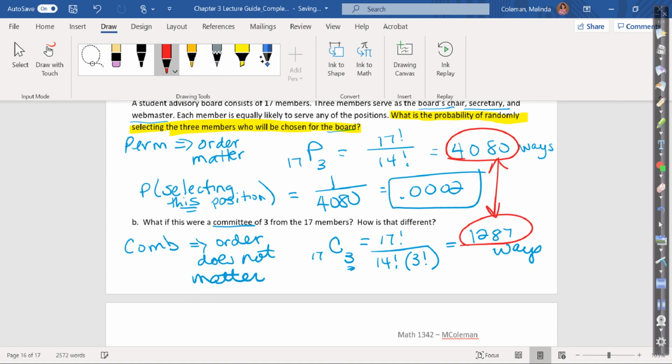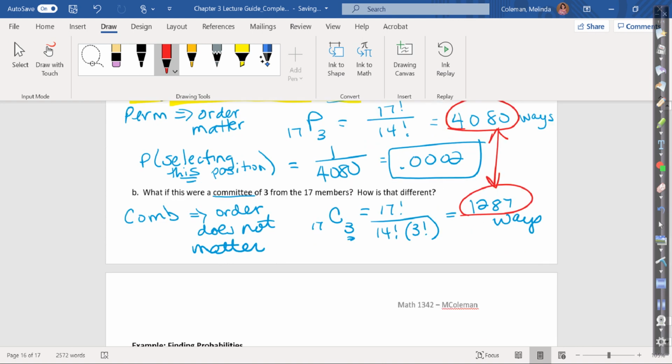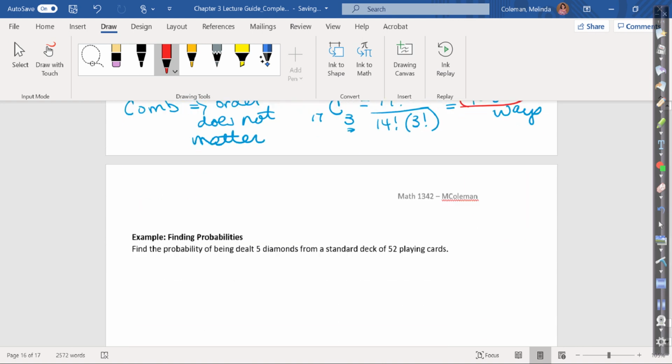Because that order is important, because it matters whether Jane is serving as the chair, John as secretary, and the webmaster is Jim. Where here, Jim, Jane, and John can sit around the table and it doesn't matter what order they sit in. Again, I know some of these can be confusing, so just practice.